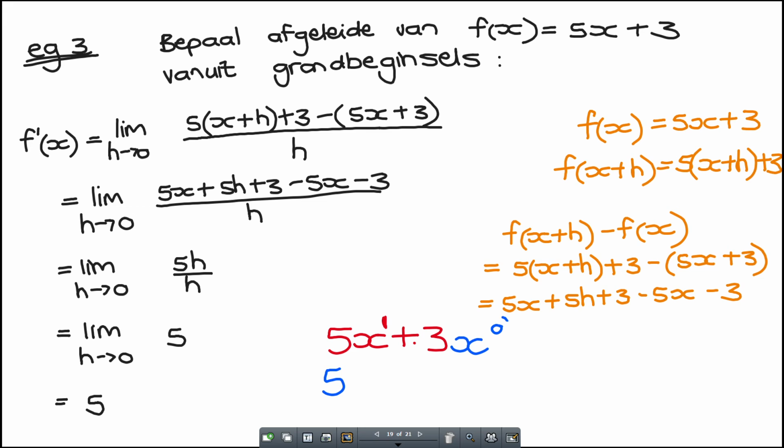Now if I take that 0 and multiply it with a 3, it's going to give me 0 times x to the power of minus 1. But 0 times that still gives me 0. So you never have to write it. When you see a constant, you just throw it away, it's 0. Okay? Good.